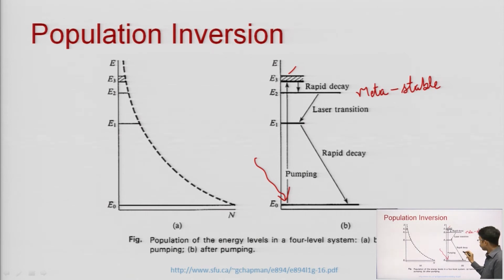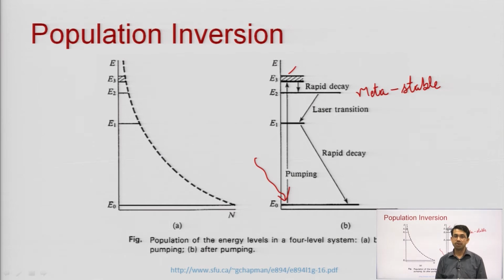transition. So, due to this rapid decay there are more electrons in the ground state to absorb energy, and there are more electrons in the metastable state, so that we can get a laser of higher intensity.